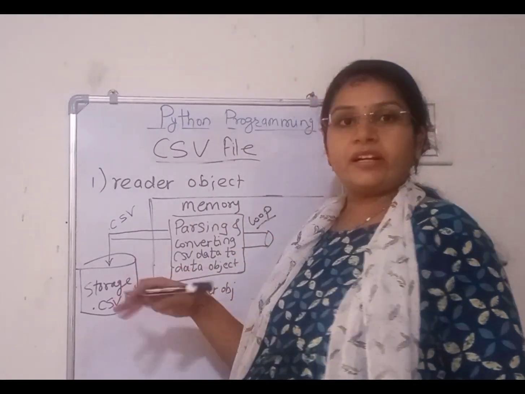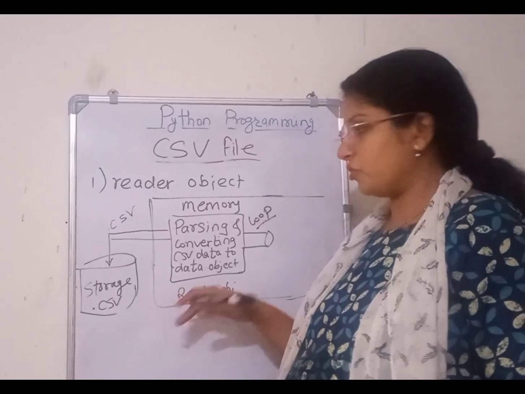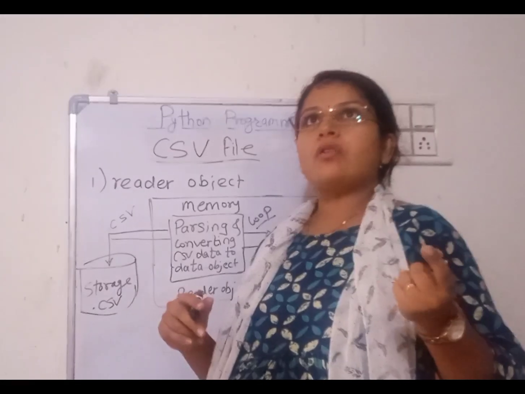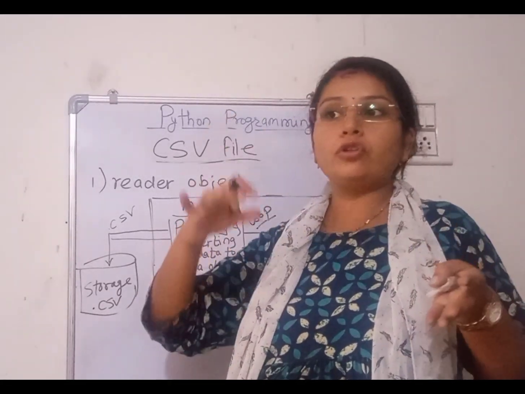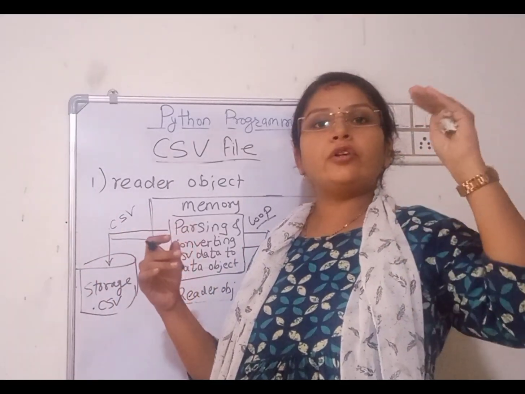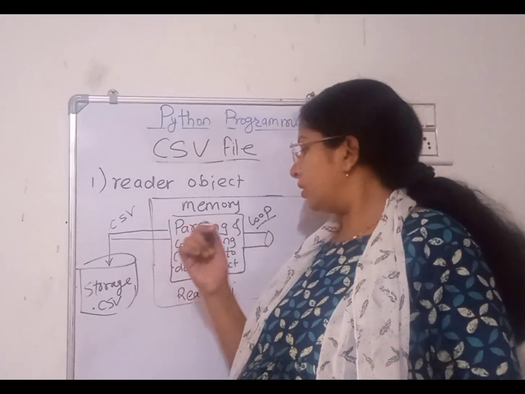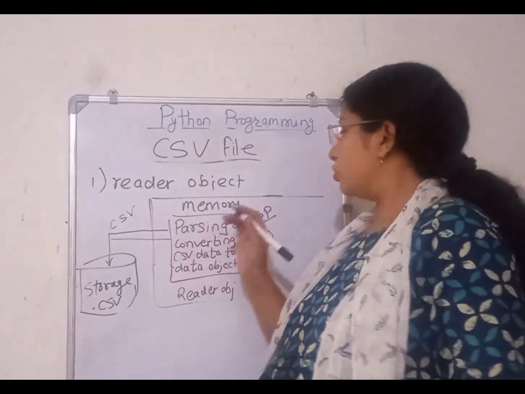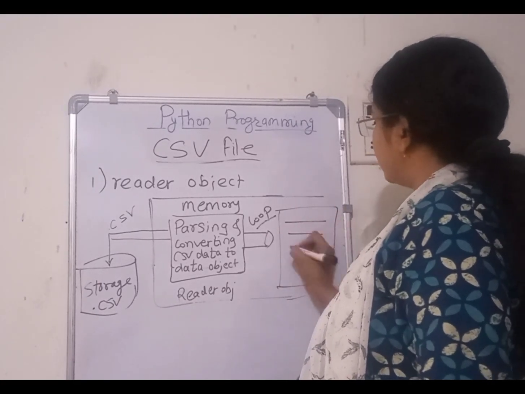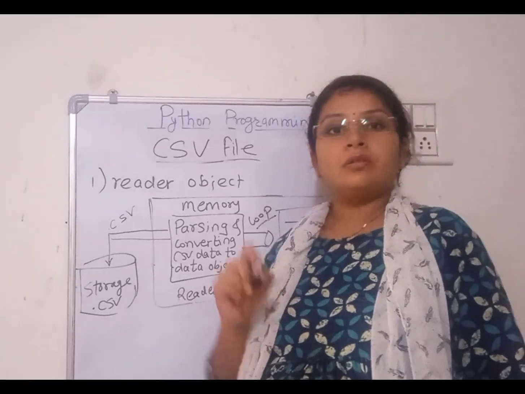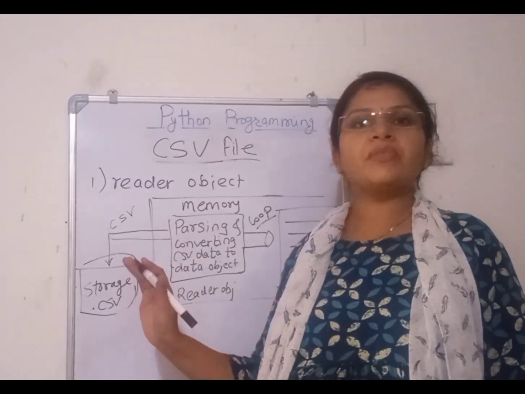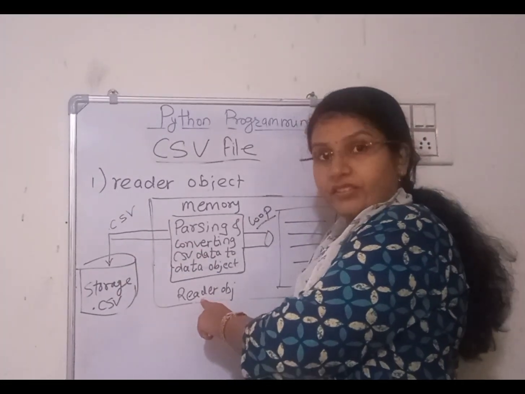Once your data object is created using the reader object, the loop is optional, because you might want to read the first line only, so then you don't need a loop. But if you are going to read the whole file line by line, then you might need the loop. This is the looping process, and in the Python program you will get the output as separate lines, as separate values. So this is the reader object, and this is the extra step.